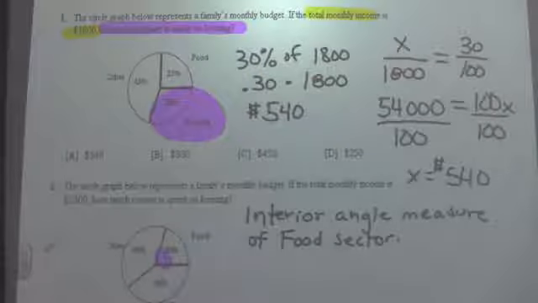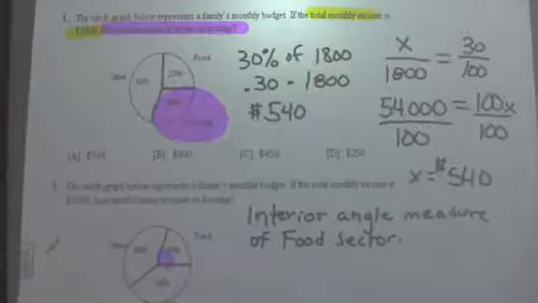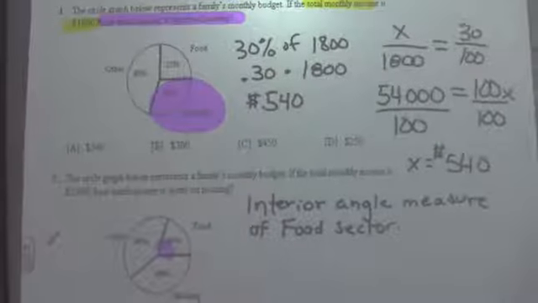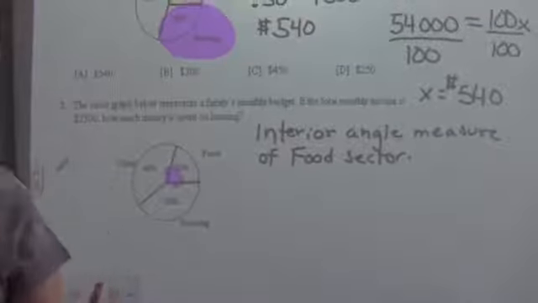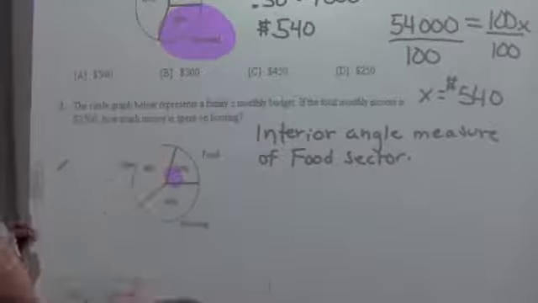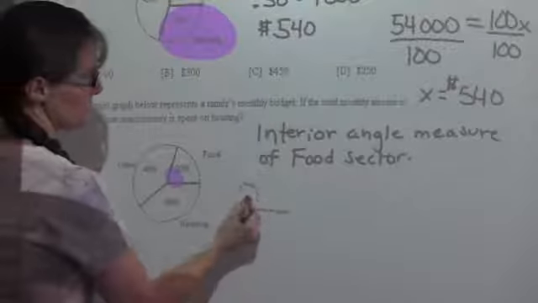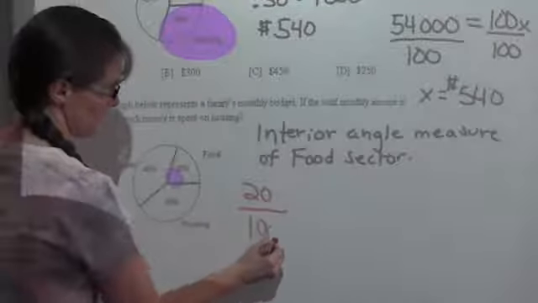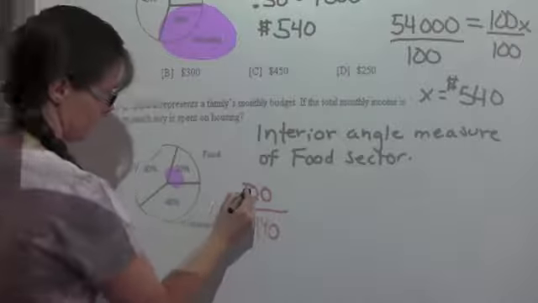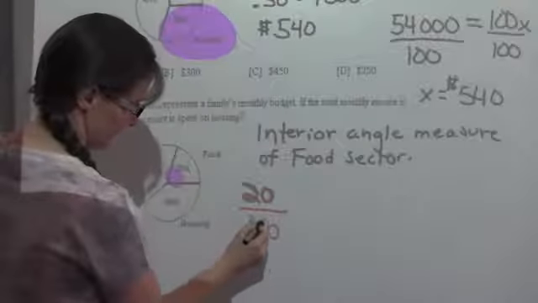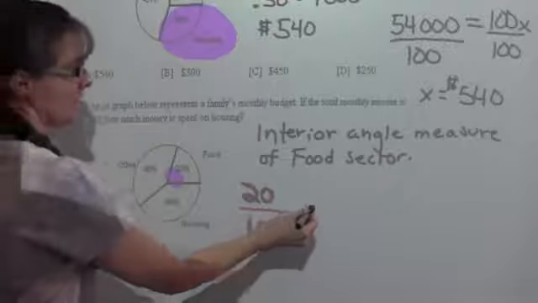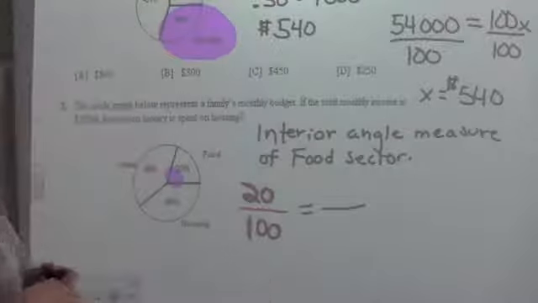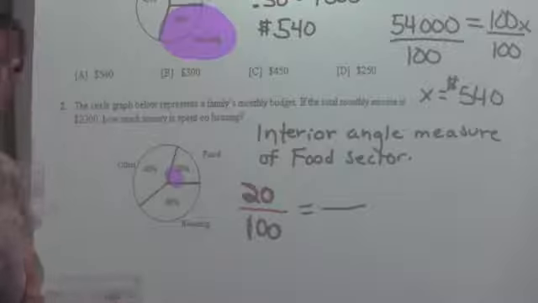Okay? Again, a proportion is probably your best bet for this particular problem. And the reason a proportion is going to work out nicely is because I know that 20% is 20 over 100. Okay? So I've got my first fraction set up. That just means that I then have to figure out what my other fraction is going to be.